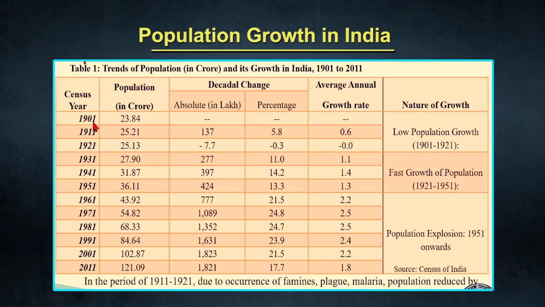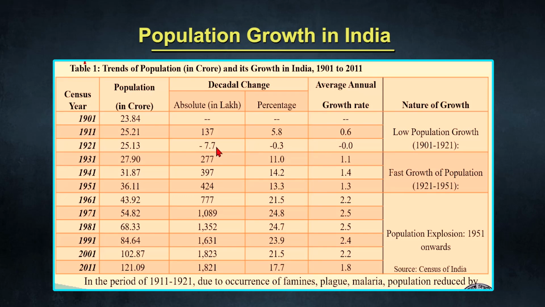In the year 1901, the population of India was 23.84 crore, which increased by 137 lakh and became 25.21 crore. But after 1911, in the year 1921, the number of population decreased by 7.7 lakh.